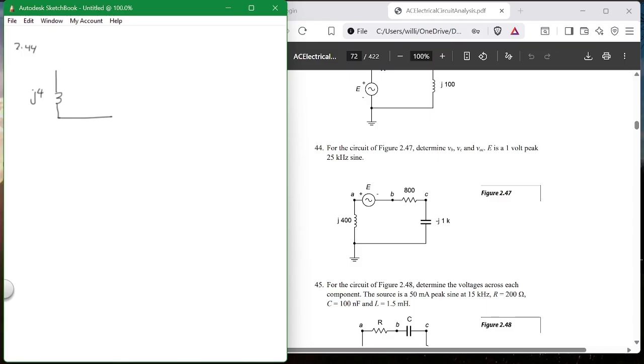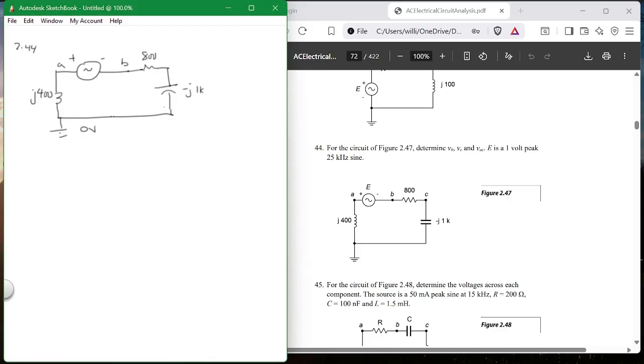It's given to you. So this is J400. This is 1 volt, plus on the left, minus on the right, and that's A. This is B, and you have 800. This is your reference or your zero down here. This is 0 volts down here. This is 800, and this is minus J, 1K.